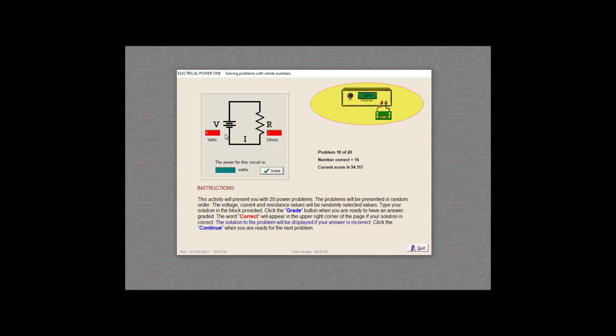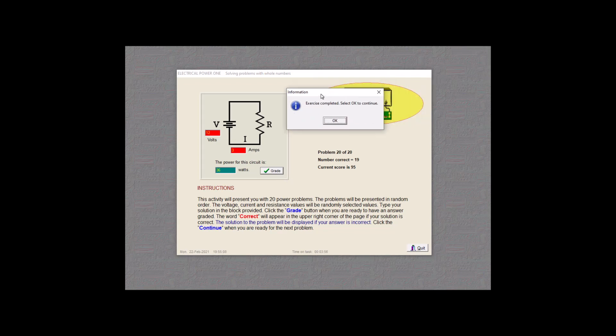Here we have V and R, so we have V squared over R, so 6 times 6 is 36, divided by 3 should be 12. And let's see here, we have R and I, so we have I squared R, 3 times 3 is 9, times 1 is 9 watts. And then we have V and I, so 12 times 3 is 36 watts.